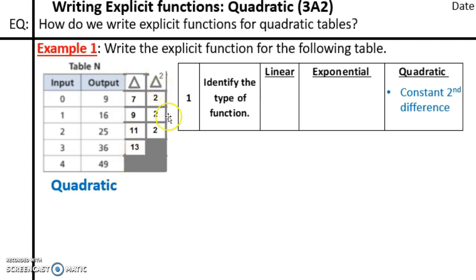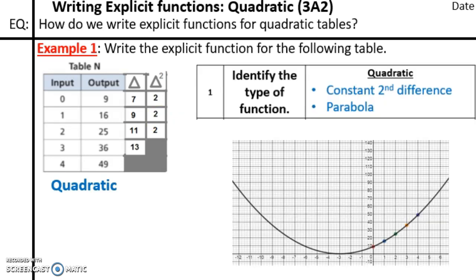So we're going to go ahead and calculate the second difference. And as you can see, the second difference is 2. So we say that this is a quadratic function because it has a constant second difference. And if you plot these points, it's going to form a graph that is called the parabola.